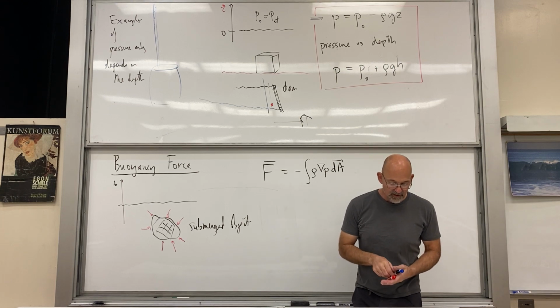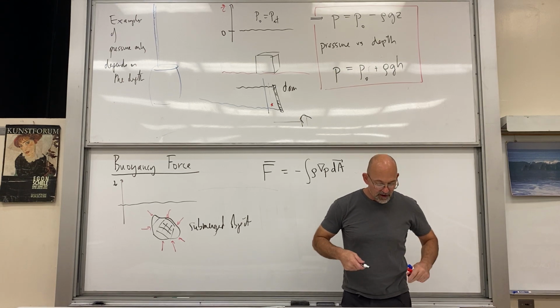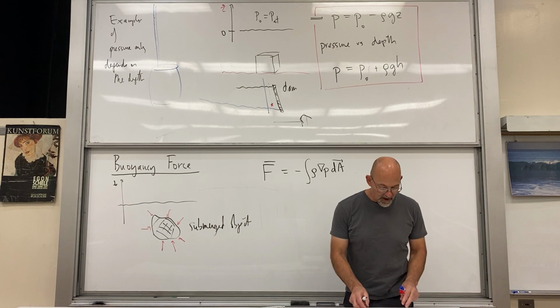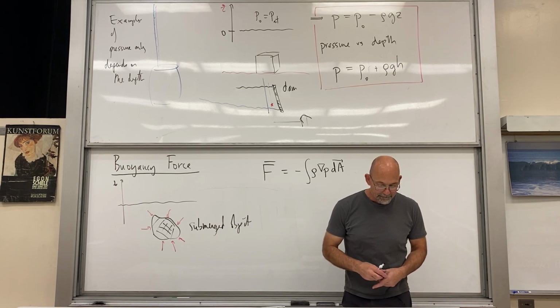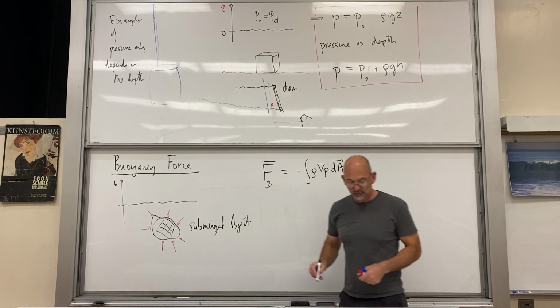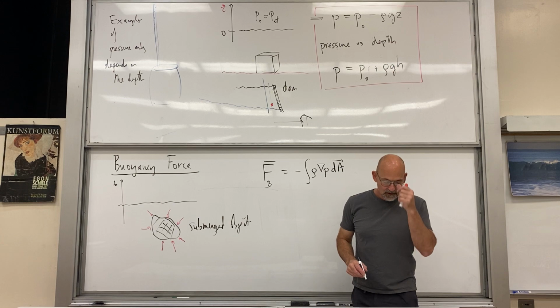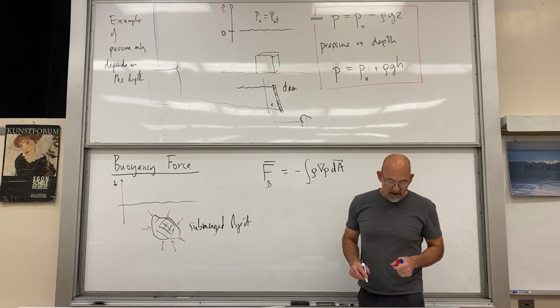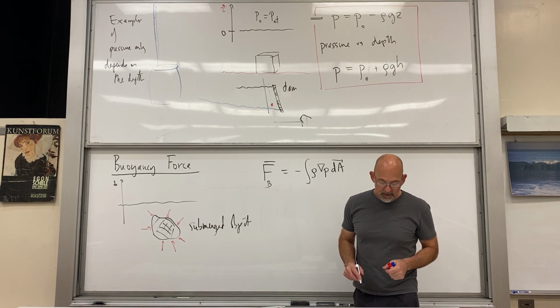So that's our vector. We're going to do the same thing we did earlier when we derived that. And I'm calling this F sub B for buoyancy. And I'm going to do the dot product again, just as we did before.